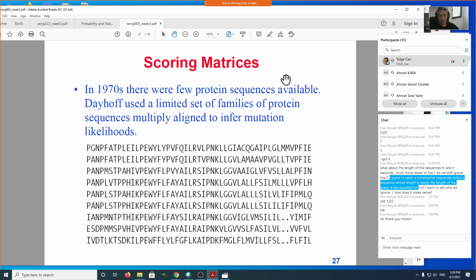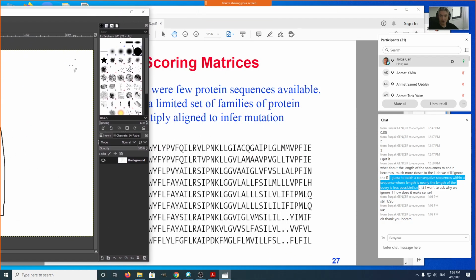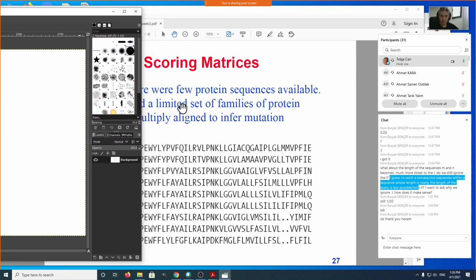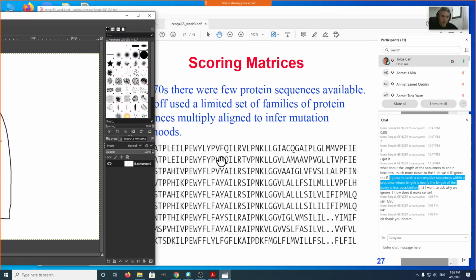So here, by looking at this alignment, I'm going to put this GIMP here and try to use this part, because I want to also refer to this alignment. Now look at this.